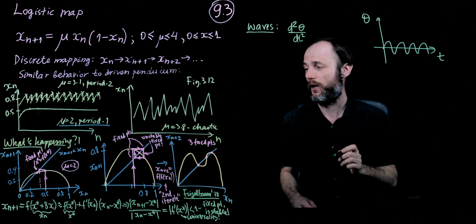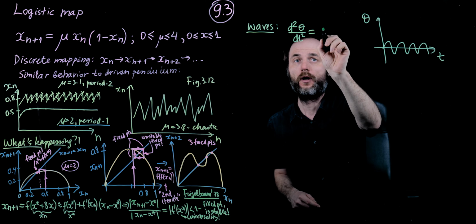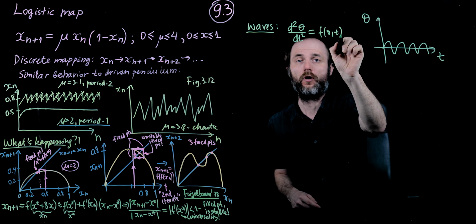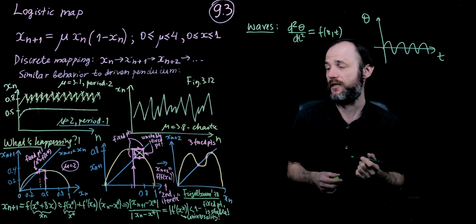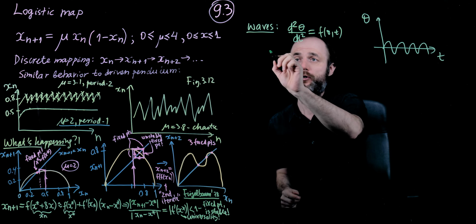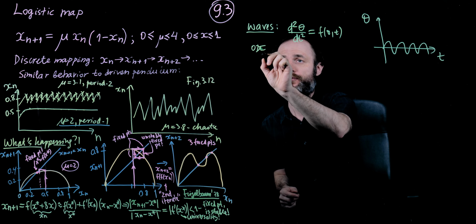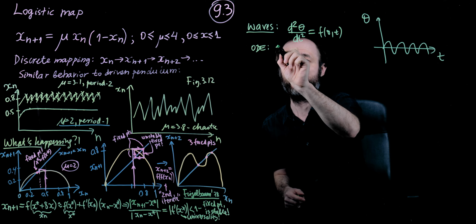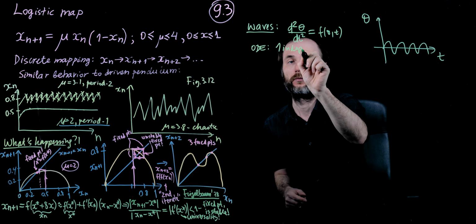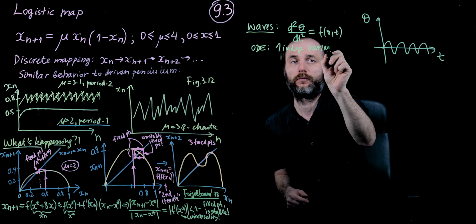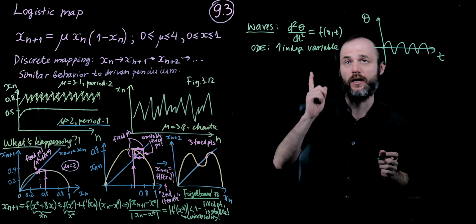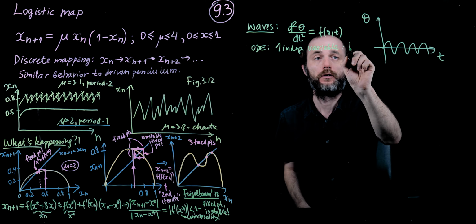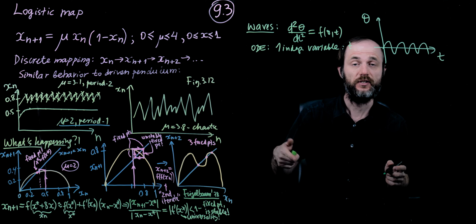d squared theta over dt squared is equal to f of theta and t. And that was an ordinary differential equation. There was only one independent variable, that was t. Everything else depended on t.